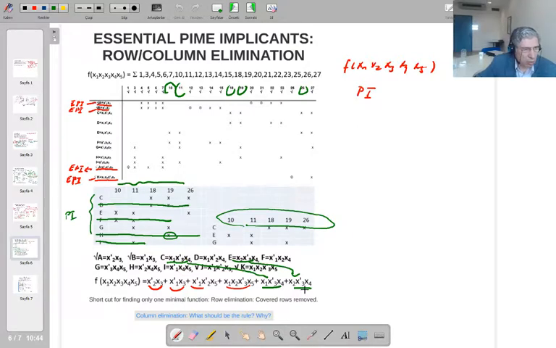That's the difference. If you need to find all the minimal functions, use the previous method, which is a bit longer by hand, but it is systematic.